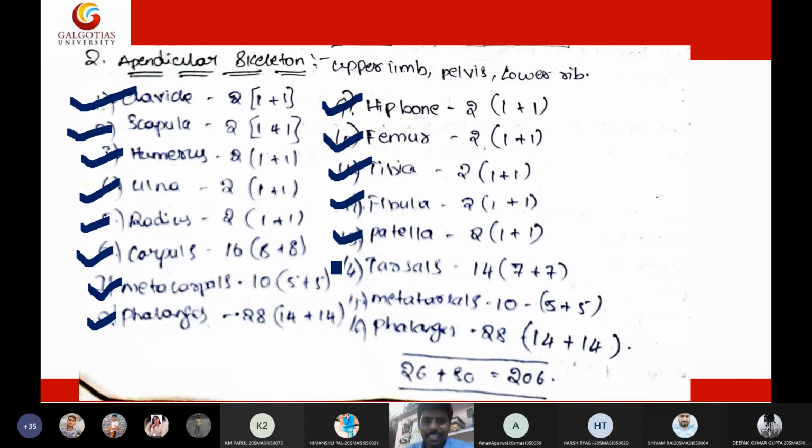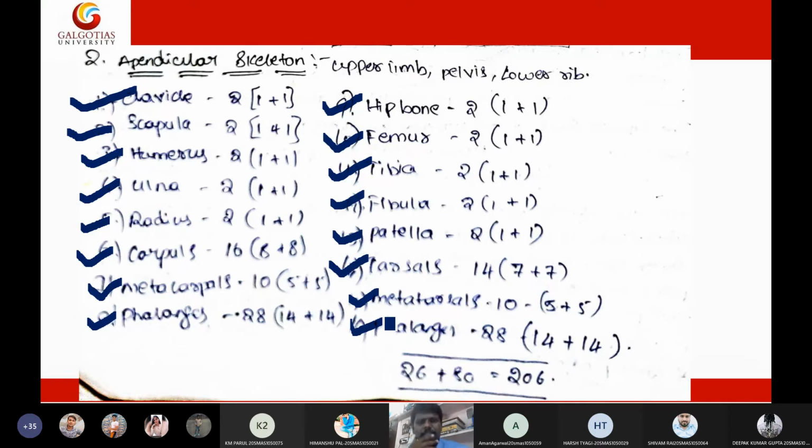Then you have tarsals. Tarsals are equivalent to the carpals. Tarsals are in the ankle. Yes, the ankle joint has these tarsals. Then you have metatarsals and phalanges. Both in the foot and the hand, the fingers are called phalanges only.